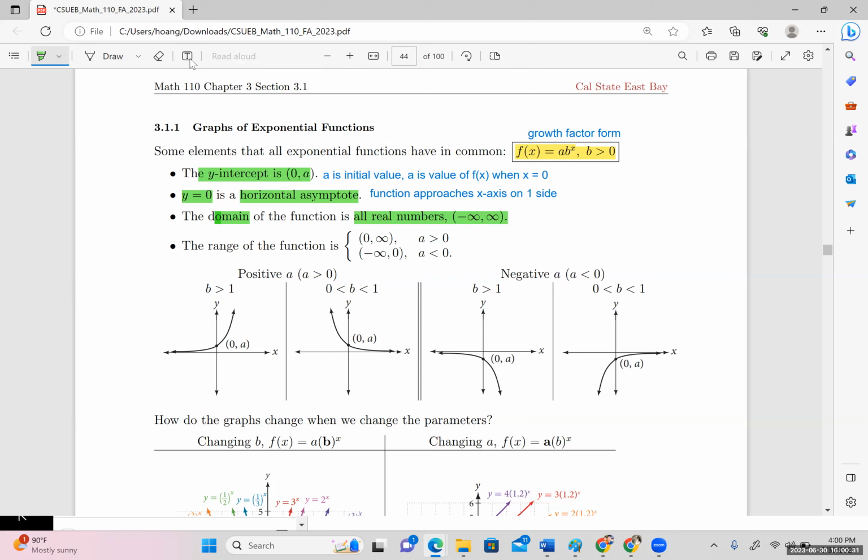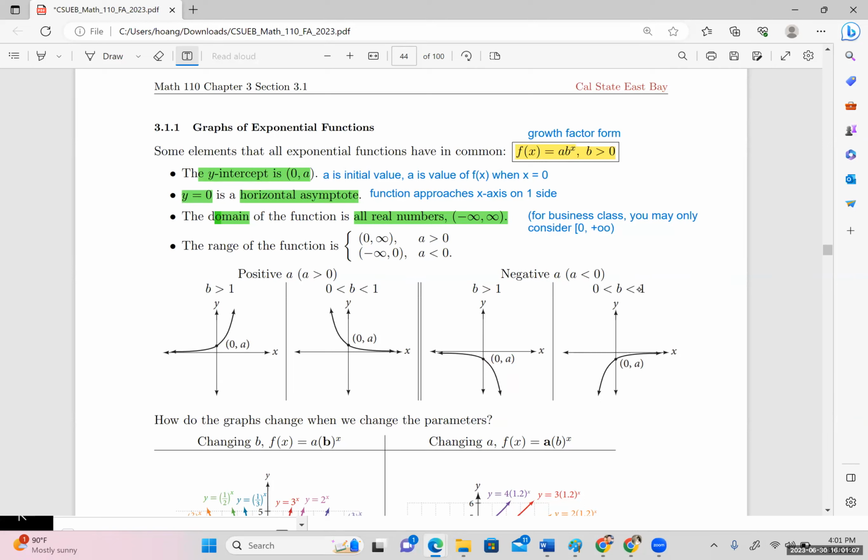For business class, you may only consider from 0 to positive infinity, right?